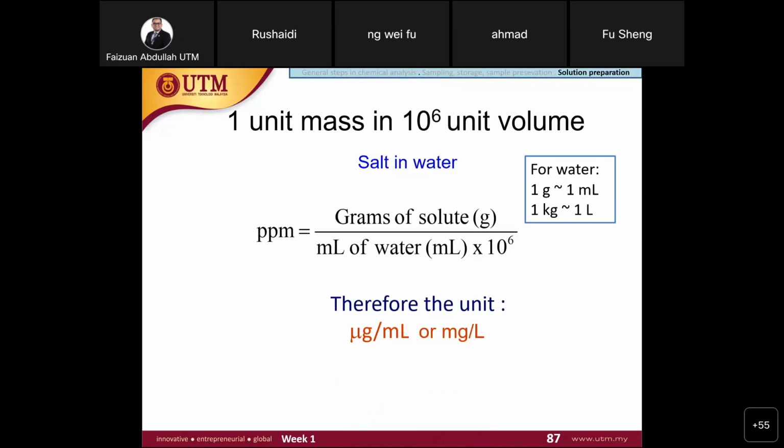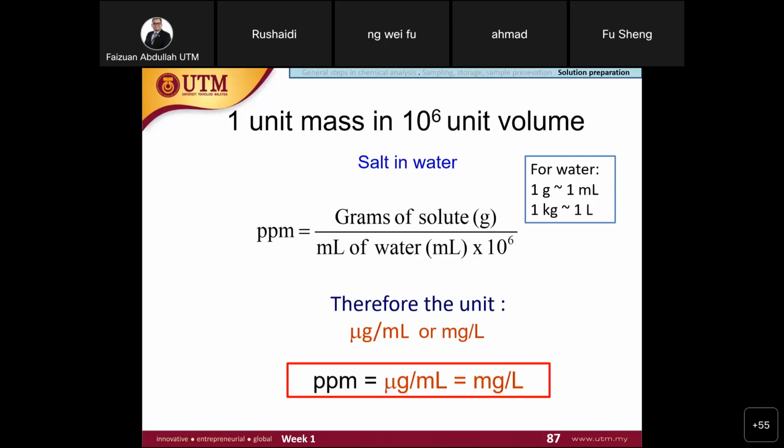Because we just change the unit. The ppm is 1 gram divided by 1 million milliliter. If we change the unit to another form, it is also 1 microgram divided by 1 milliliter, or 1 milligram divided by 1 liter. So that is equal to 1 part per million unit of mass in volume.